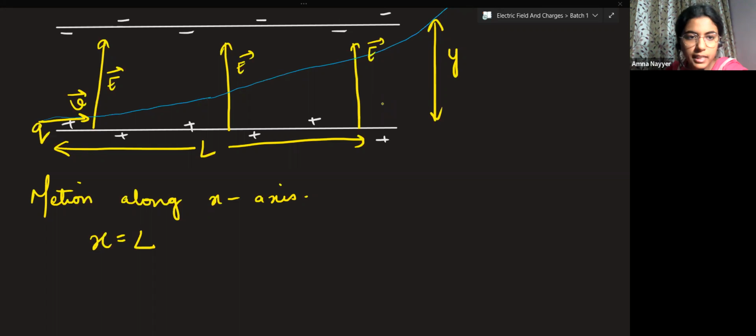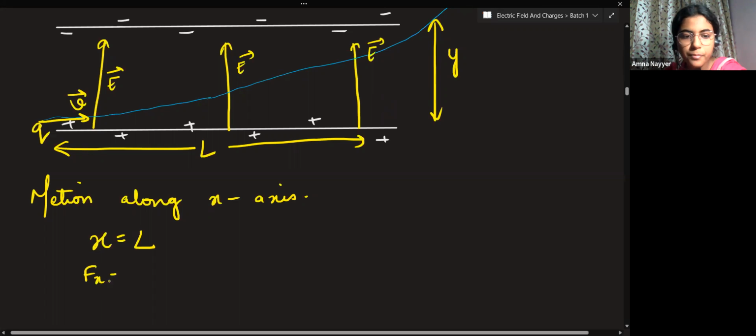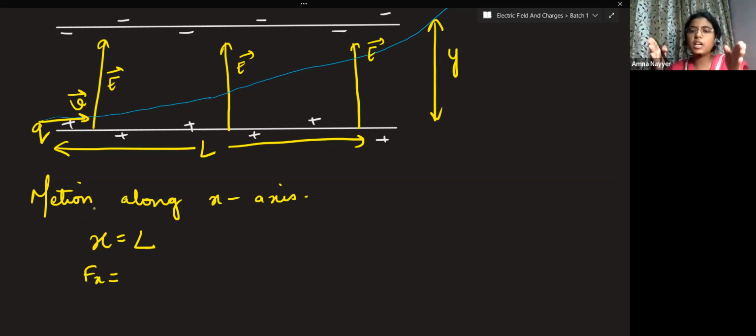Now let us see force. Force on the x-axis. The electric field is directed upwards, means in the y-axis. For a positive charge, the force will also be acting in the y-axis. So do we have force in the x-axis?